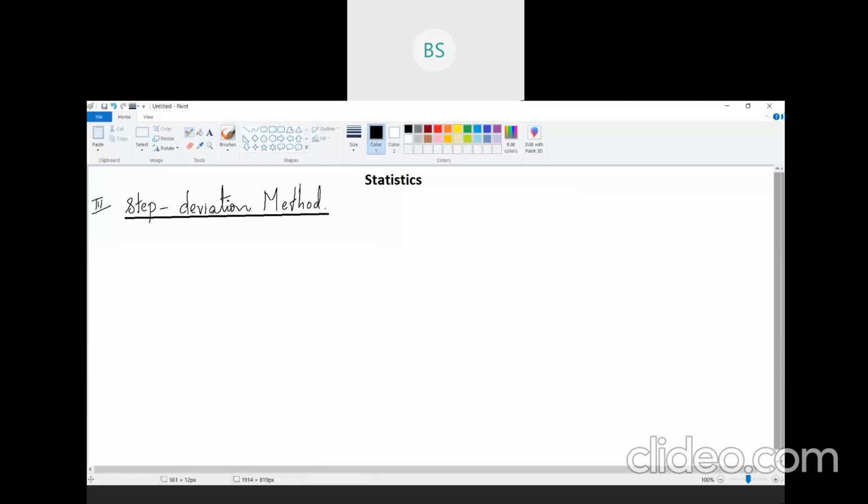Okay. Now the third method is step deviation method.